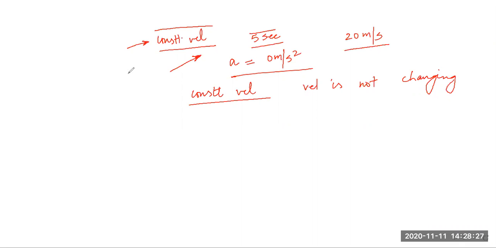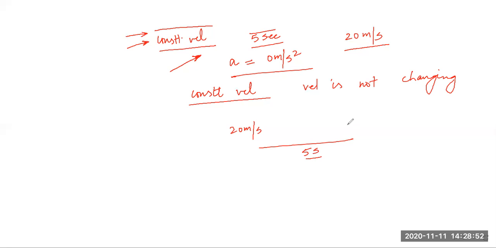So in this case, students, please mute yourself always, Poonam, otherwise background sound will come. Velocity is not changing. So what is the initial velocity? Initial velocity is 20 meter per second. And after 5 seconds also, he has already told the person is moving with constant velocity. So after 5 seconds, what will be the velocity?